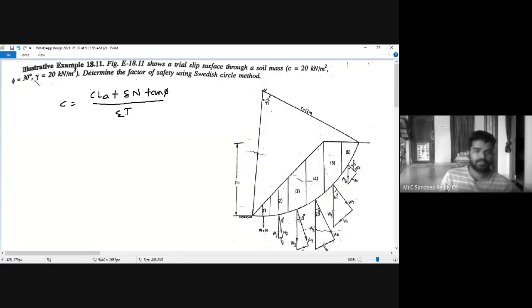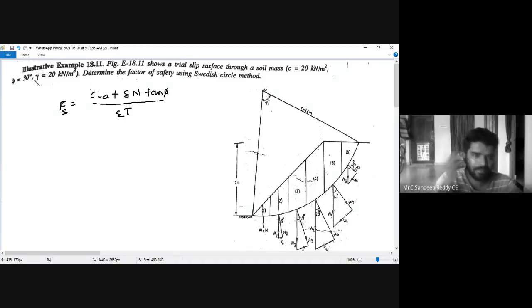So this is the equation of Swedish circle method to find out the factor of safety, which is Fs. Now here you need to find out what is L, length of slip surface, and what is normal reaction. What is phi is already given in the problem, and C also given, that is 20, phi is 30 degrees, and T also you need to find out.